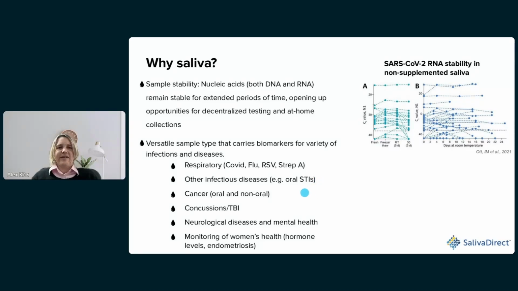There are publications showing that cancer and cancer activity can be detected in saliva samples, both for oral and non-oral cancers. Saliva contains biomarkers for concussions, TBI, other neurological diseases, and mental health biomarkers. And it's also been shown that it could be useful for monitoring women's health by monitoring hormone levels and endometriosis markers.